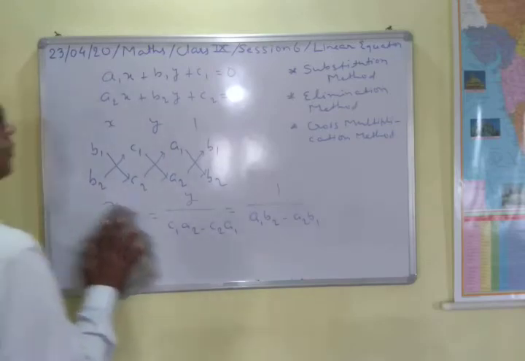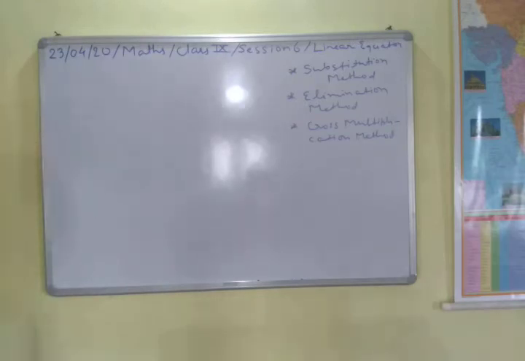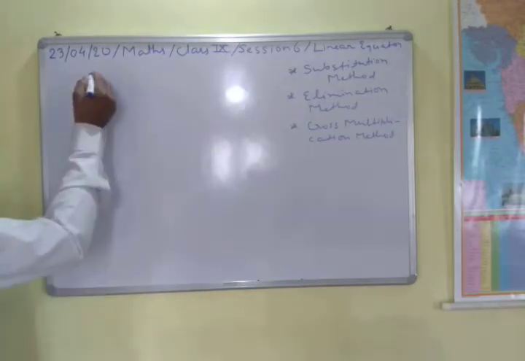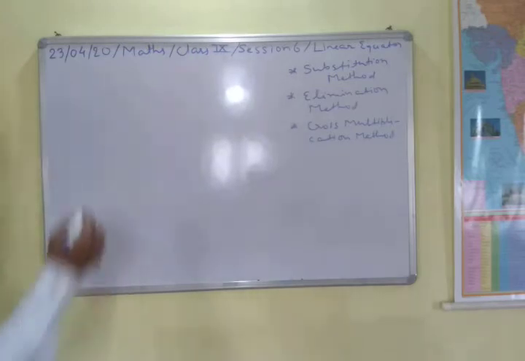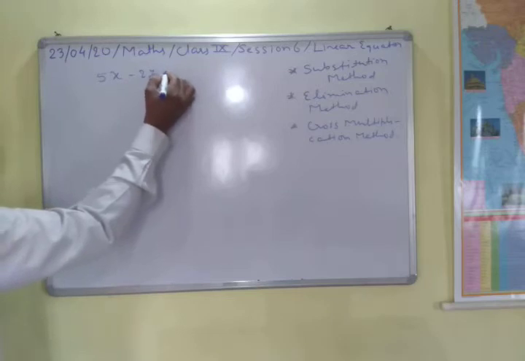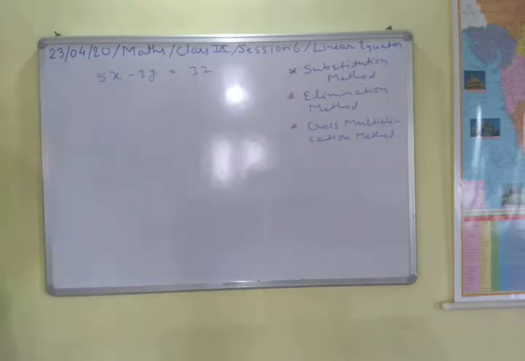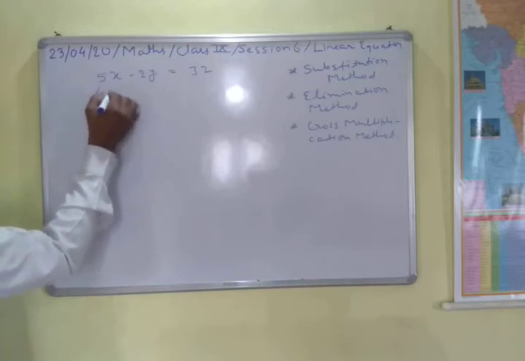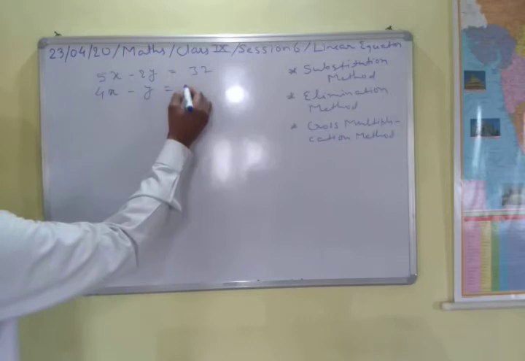For example, take the example of 5x minus 2y equal to 32, suppose, and 4x minus y equal to 28.